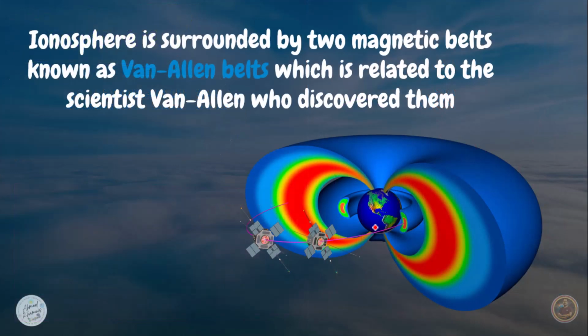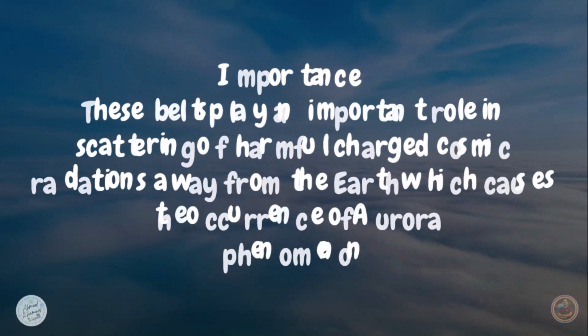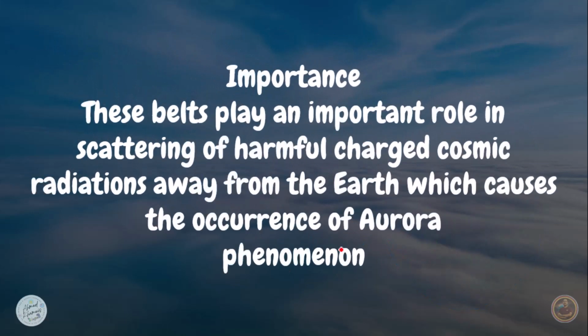And the ionosphere is surrounded by the magnetic field of Earth, two magnetic belts called the Van Allen belts, in honor of the scientists who discovered them. The Van Allen belts act as a shield that protects Earth from cosmic rays, as they deflect the cosmic rays coming from the sun toward the Earth.